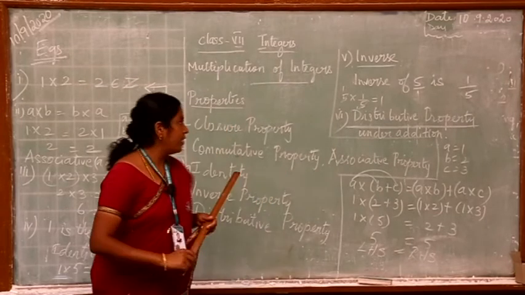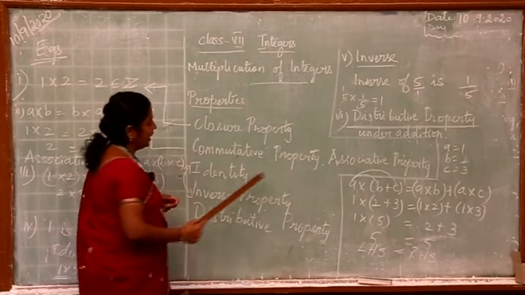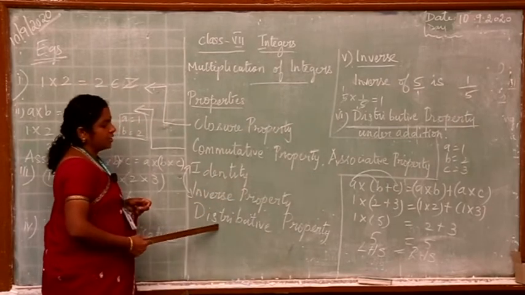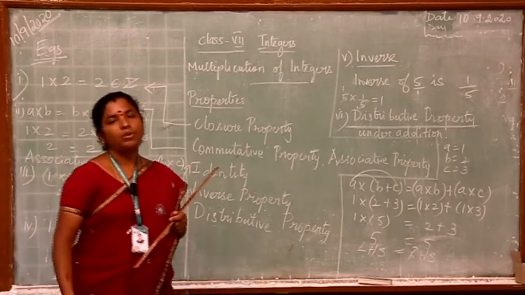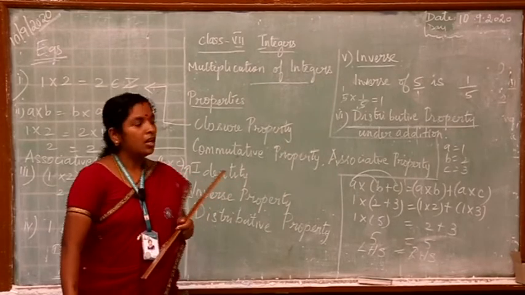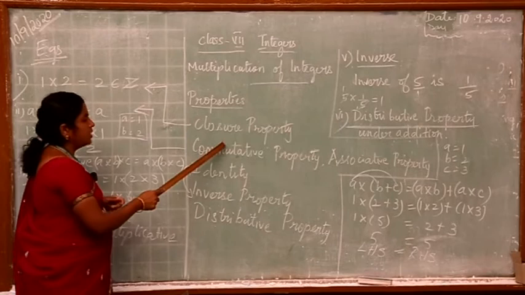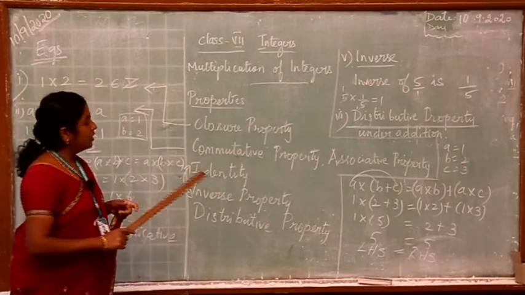So, we have totally 5 properties here: closure property, commutative property, associative property, identity and inverse, and distributive property. I gave one example, A equal to 1, B equal to 2, C equal to 3. Closure property means the multiplication of any two integers gives an integer.